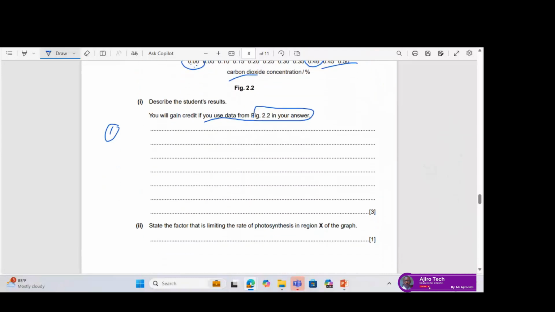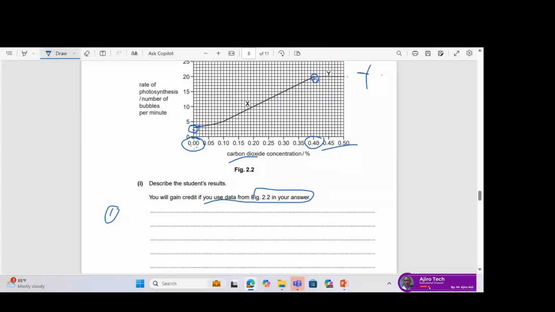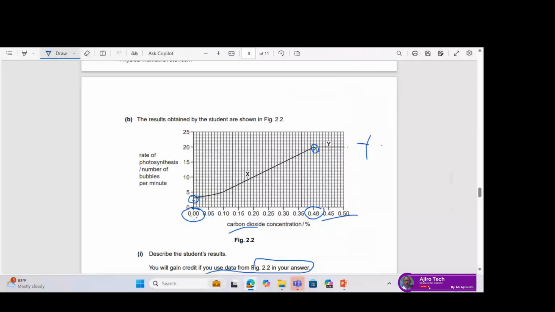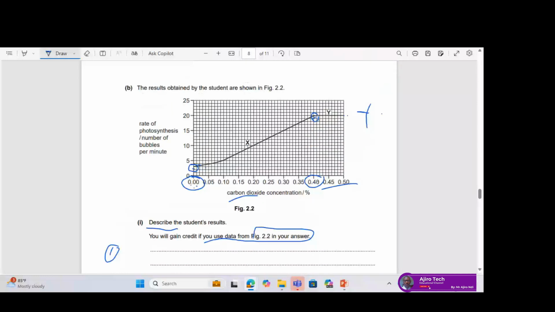If it's as much as 6 marks, and this is just three, you have to keep pointing out every detail that the graph shows. That's how to describe. Describing does not mean explaining. Describing just means telling in words what the result is displaying.